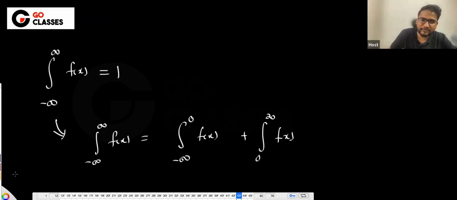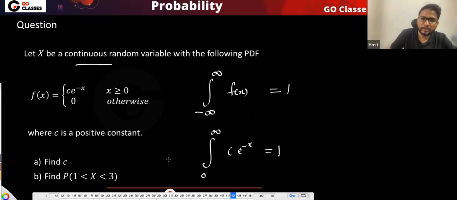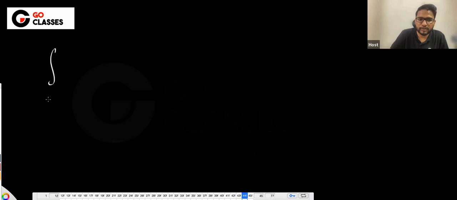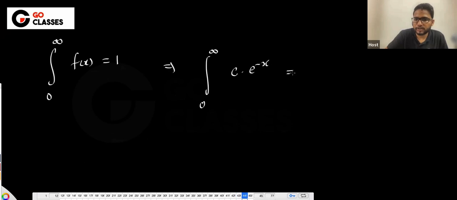But the minus infinity to 0 part comes out to be 0, because they are saying that if x is less than 0, then fx is 0. That is why this term is 0, so I'm just writing it from 0 to infinity. From 0 to infinity, fx should be 1, which means the integral from 0 to infinity of c into e power minus x should be 1.